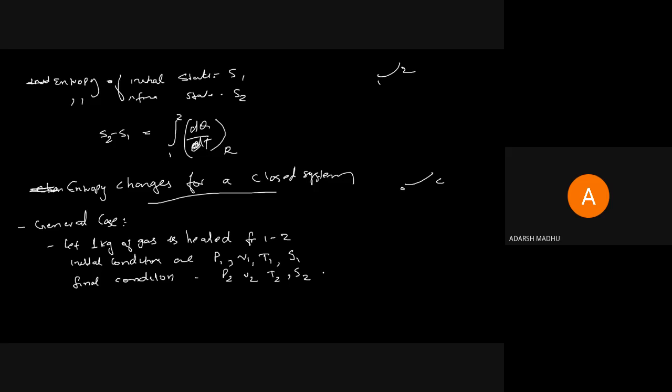Okay, very simple manner. And we know that by the law of conservation of energy, for this particular process, dq equal to du plus dw. We studied this particular equation in our first module. That is the law of conservation of energy, the first law of thermodynamics.